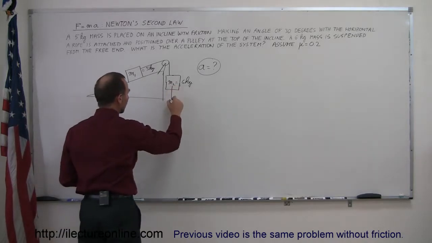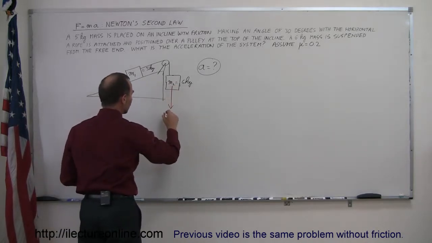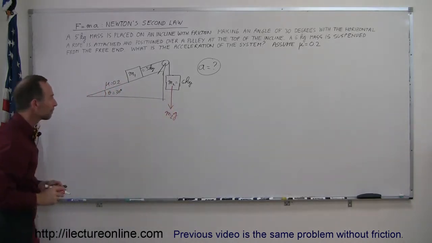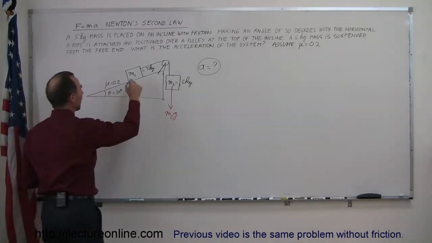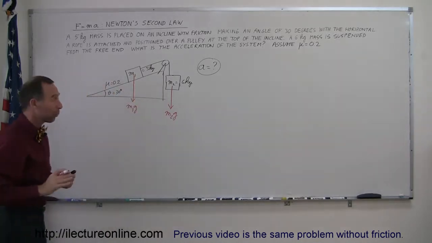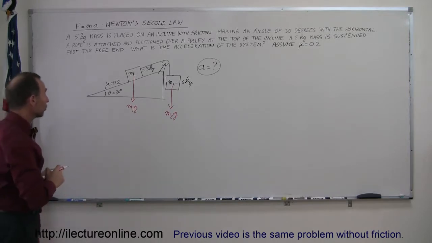Well, we have the weight of mass 2, m2g, caused by gravity, straight down. We have the weight of m1, which is also straight down, m1g. But since it's on an incline, we're going to write the two components of that force.